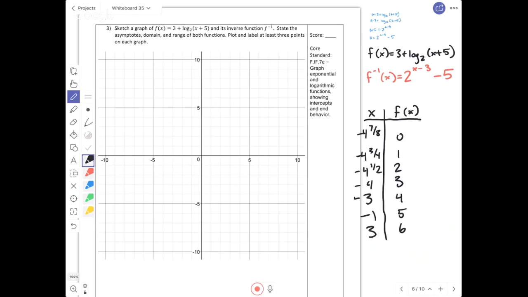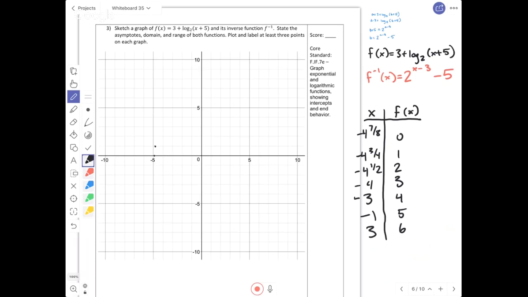Okay. So I'm now plotting my original function graph, f of x, and I see negative 4 and 7/8, 0. Negative 4 and 7/8, 0, looks like that. Then negative 4 and 3/4 gives 1.